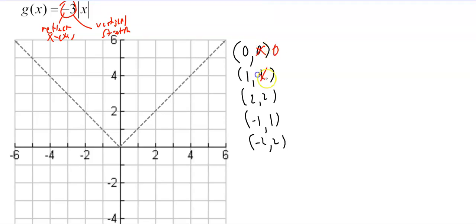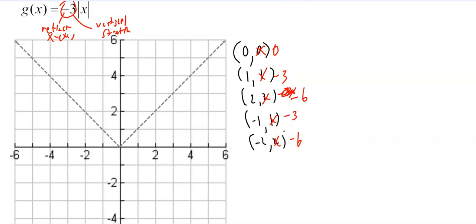So it's going to be (0, 0), negative 2/3, I'm sorry, negative 6, sorry, it's multiplying. So 2 times negative 3 is negative 6. 1 times negative 3 is negative 3. And 2 times negative 3 is negative 6. Sometimes you lose track of what you're doing.